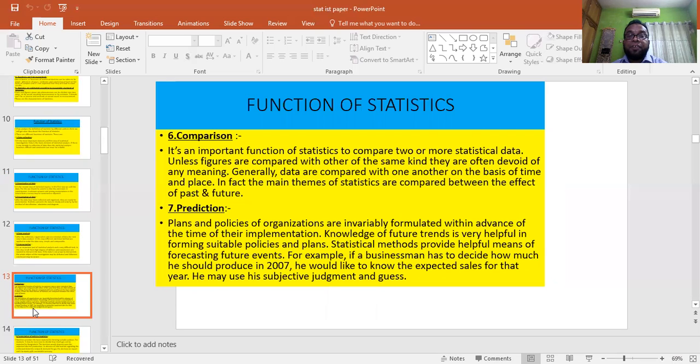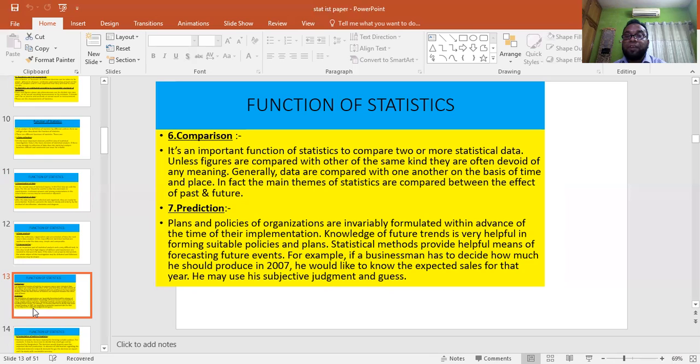Plans and policies of an organization are invariably formulated in advance of the time of their implementation. Knowledge of future trends is very helpful in forming suitable policies and plans. Statistical methods provide helpful means of forecasting future events.